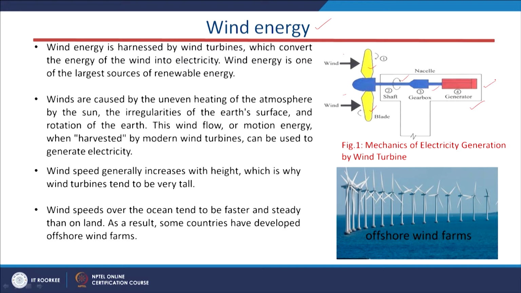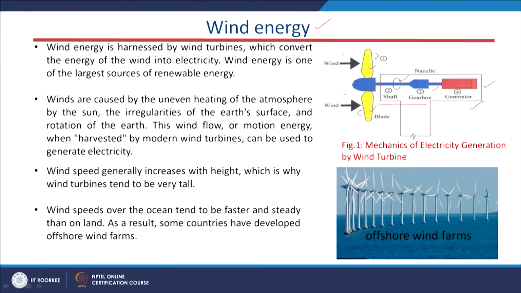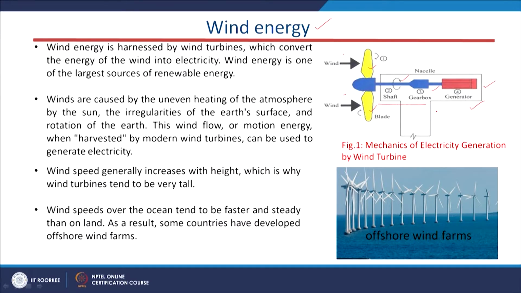In general, in a wind system, the kinetic energy present in the wind is converted to mechanical energy with the help of this mechanical system: the gearbox, the shaft and the rotor. This rotor converts the kinetic energy present in the wind to mechanical energy. And in the next stage, the mechanical energy is converted to electrical energy using the generator. We will discuss more about the principle of operation of the wind system, and also learn the different parts of the wind system.